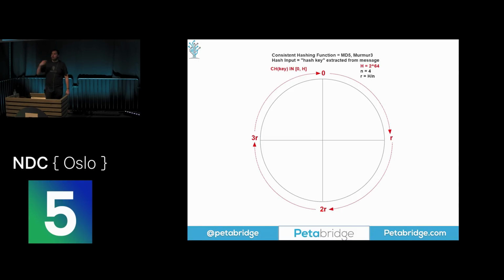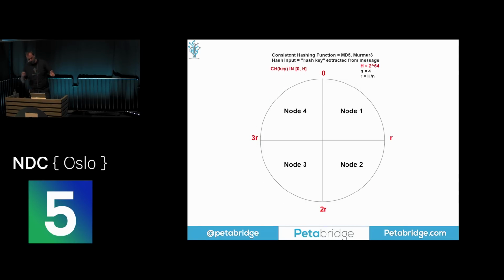Now, the other thing that makes consistent hashing functions interesting is their hash range can be plotted linearly in a circle. In this case, a clockwise circle. We're going to assume that our hash output is an unsigned long integer for the sake of making it simpler. And so that means we have 2 to the 64 possible hash values that can ever be output from this function.